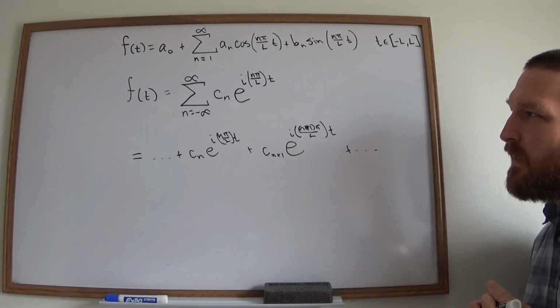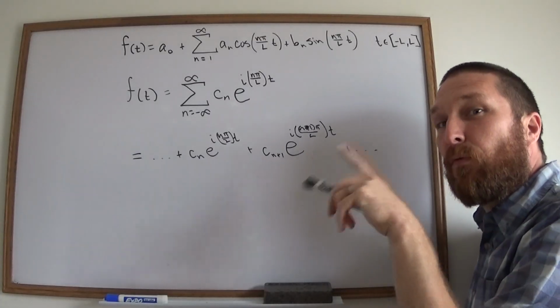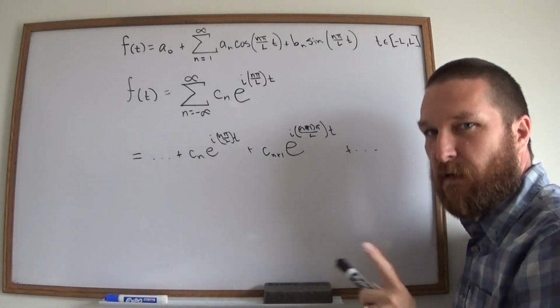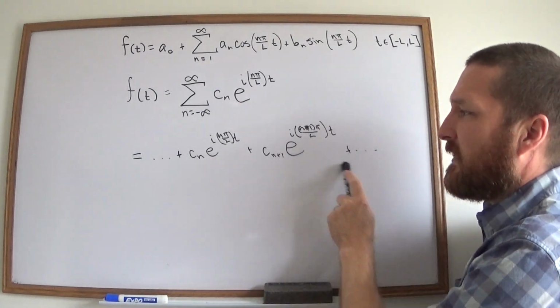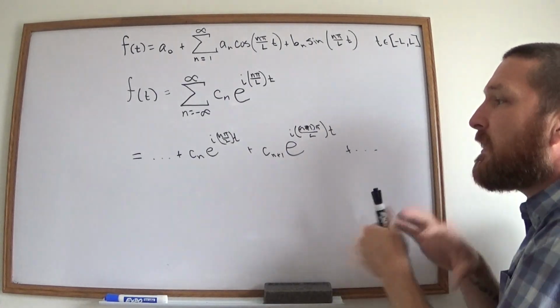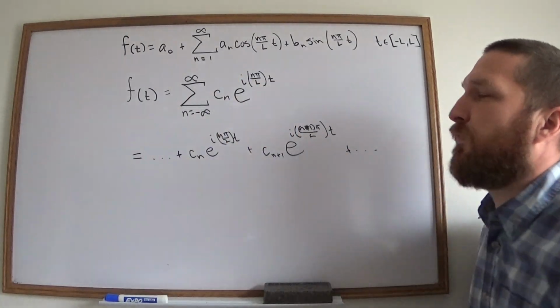And I said that if f of t is a real valued function, then this can be rewritten by monkeying around with these coefficients to be put in this form.